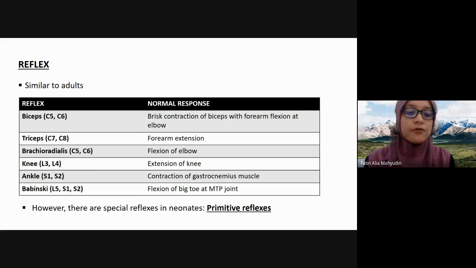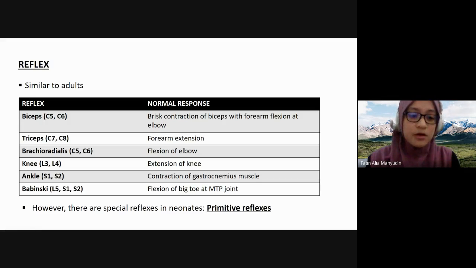Okay, so for Babinski, it is only applicable for children older than 1 year old, because the normal response, flexion of the big toe, can only be seen in children older than 1 year old.